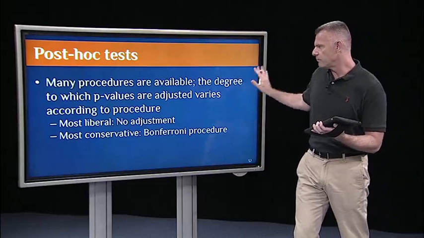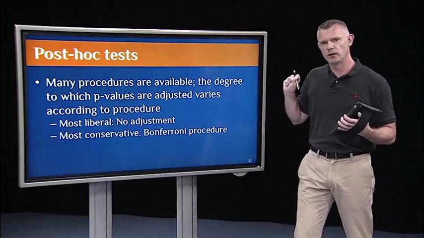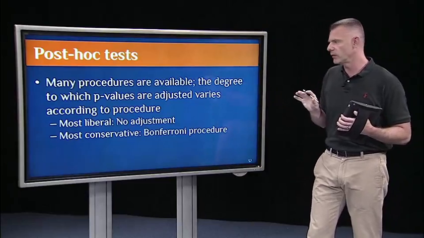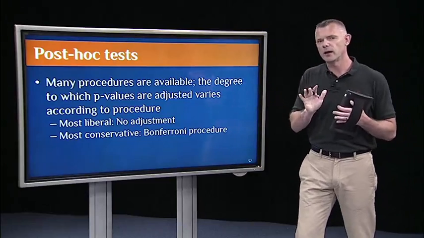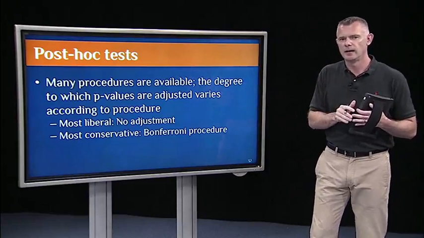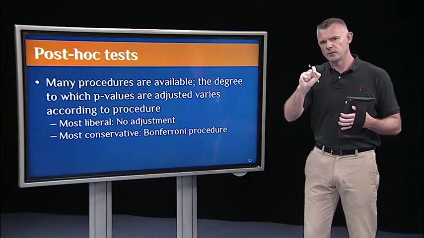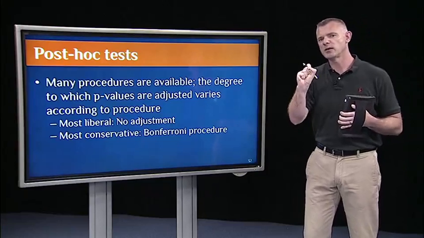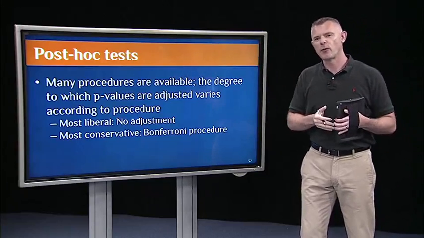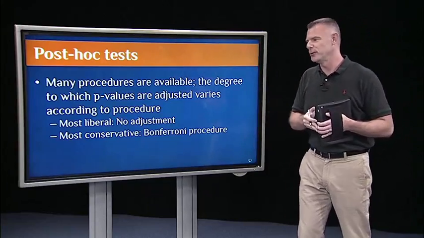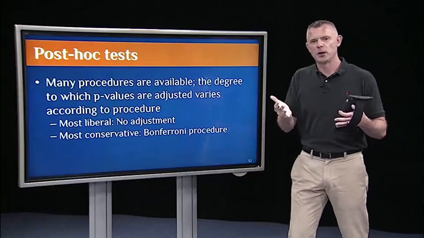As I said, there are many procedures available. If you want to Google for R, there are lots of different functions. If you've looked at other software packages like SPSS or SAS, ones that are menu driven, you can click on post hoc tests and then you have about 20 buttons available for you to click. You just pick one.